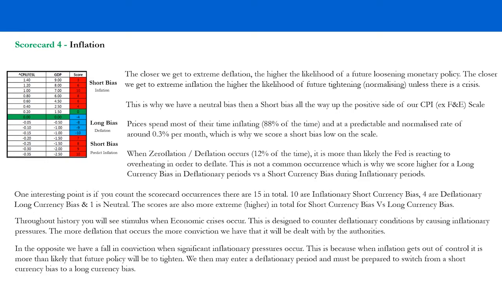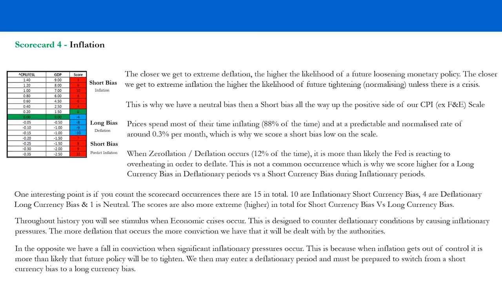So let's try to cement our understanding here in a lot more detail. The closer that we get to extreme deflation, it's pretty obvious by looking at the data that the likelihood of future loosening monetary policy and the Fed being aggressive goes a lot higher. And the closer that we get to extreme inflation, the higher the likelihood of future tightening or normalizing, unless there's a crisis, of course.